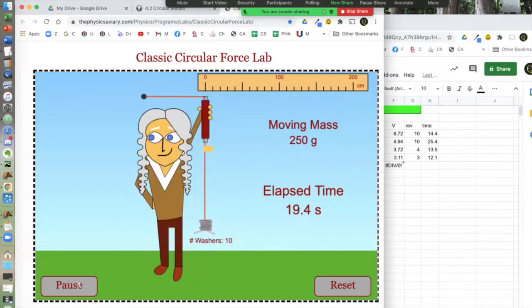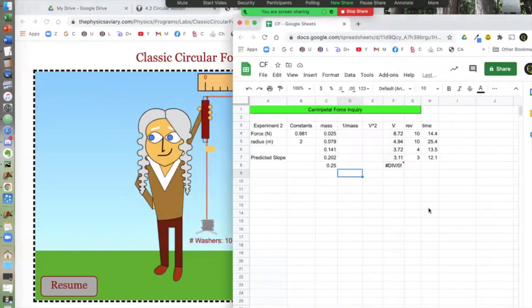See, if I would have put a bigger force at the beginning as my constant, it would have been better, because then it could have been quicker. 5, and 6. That's good enough. So 6 revolutions, and what was the time? 27.1.